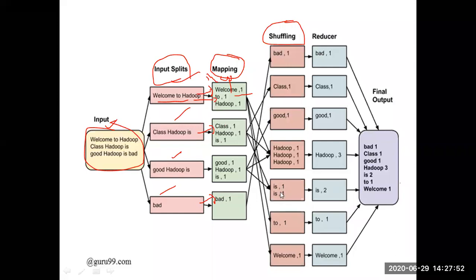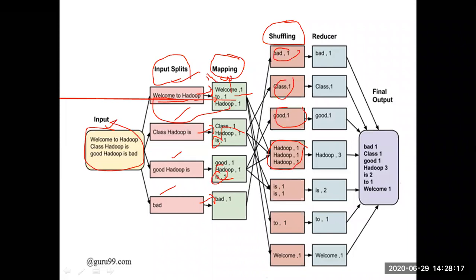Is, all the related ones: if you observe, mapper 2 contains is, mapper 3 also contains is. Those two come into shuffle to one side. Hadoop is available in 3 mappers. Here Hadoop, here Hadoop, here Hadoop. These 3 have been brought into one location, separated. Good is separated. Class, bad.